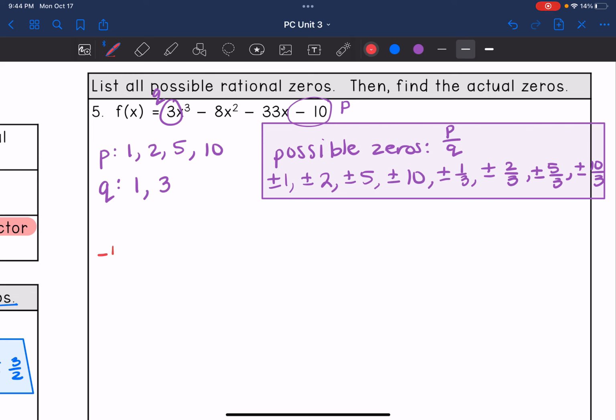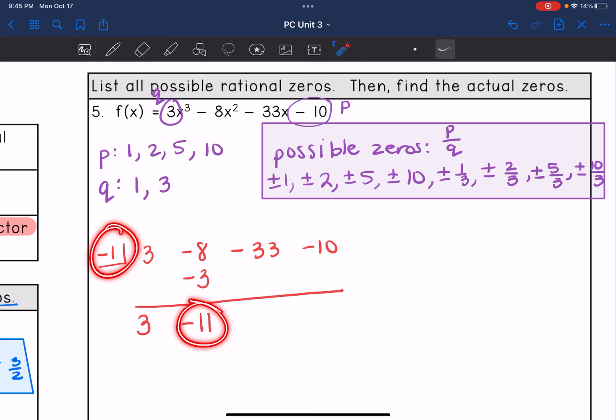Okay, -1. And we're going to divide this polynomial here. So 3, -8, -33, -10. Okay, and then let's see what happens. We'll bring down the 3, multiply here, so that's -3, add, that gives me -11.